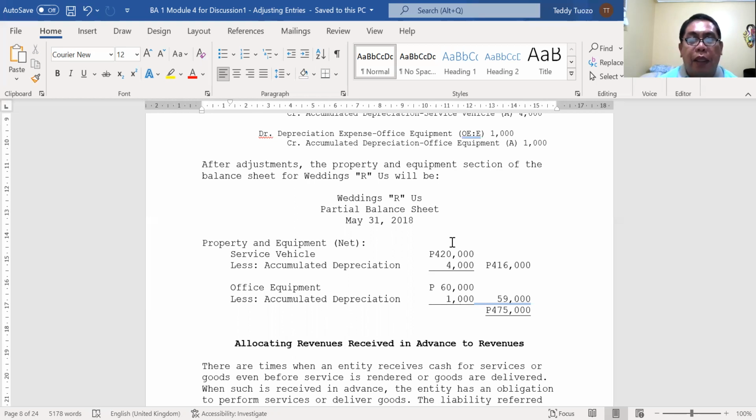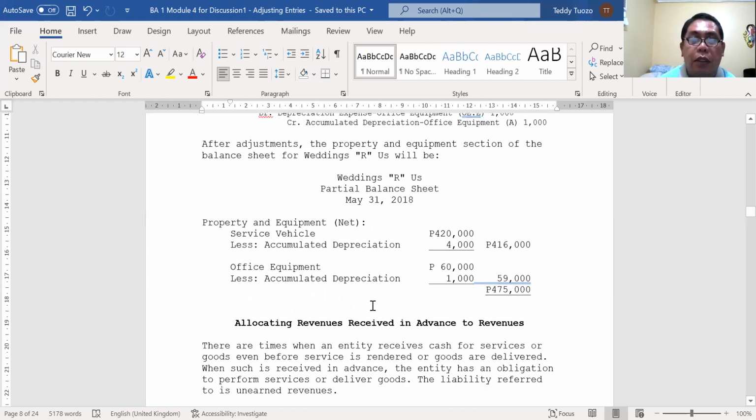And for office equipment, we have 1,000 accumulated depreciation. Remember, accumulated depreciation is the sum of all depreciation charges. Since we only have 1 month, the accumulated depreciation is for 1 month, so we only have 4,000 and 1,000 as accumulated depreciation for the respective asset accounts.